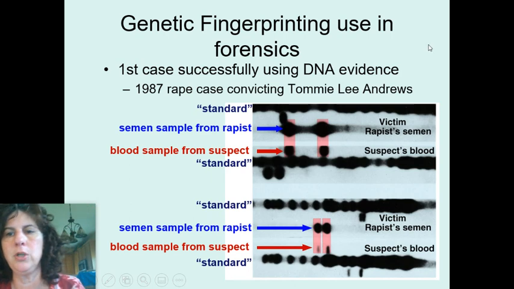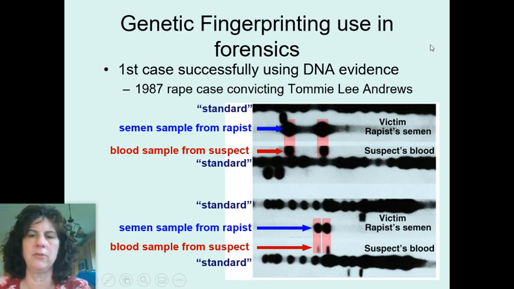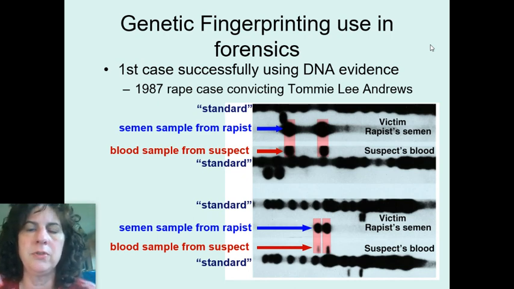All right, we have been using genetic fingerprinting and stuff for a long time in all kinds of things, trying to find out who's daddy, who's relationships, 23andMe, or any of those, so familial relationships.